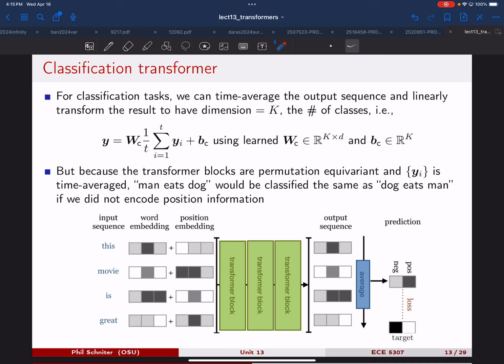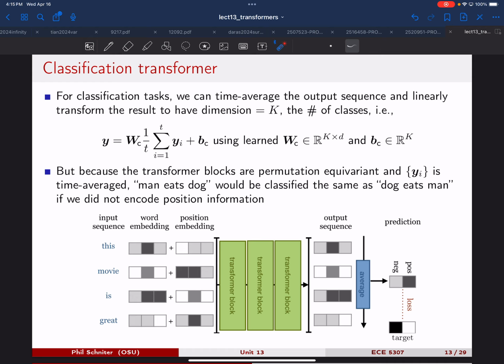Otherwise, everything else here is permutation equivariant, meaning you could shuffle the order of these words and the output wouldn't change, and that would be a bad thing because obviously the order of the words matters. So the positional embedding is used to train the transformer to be sensitive to the word order.